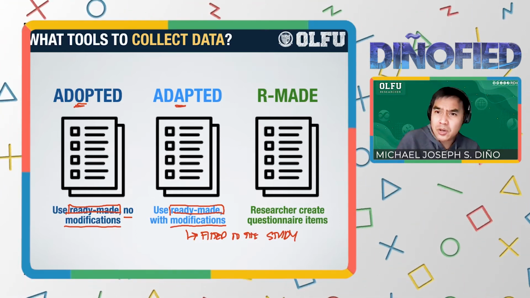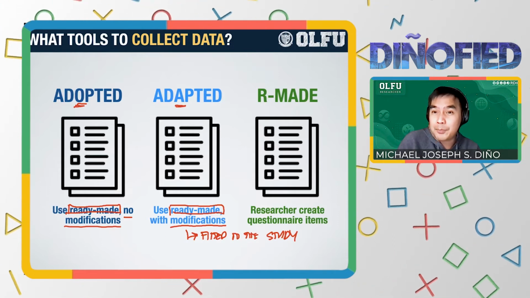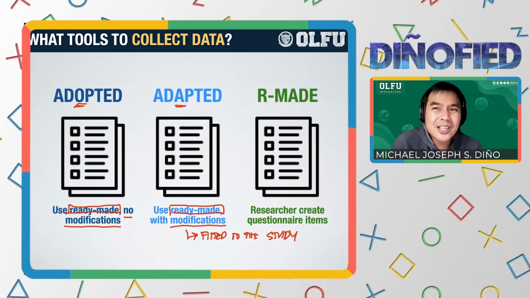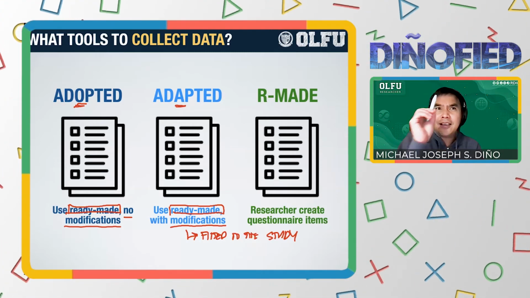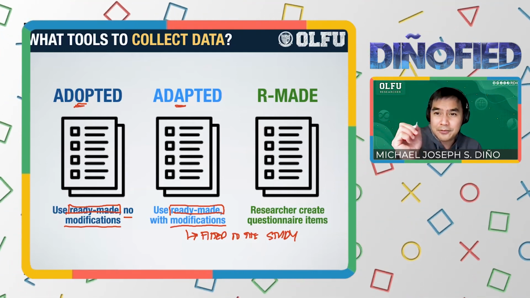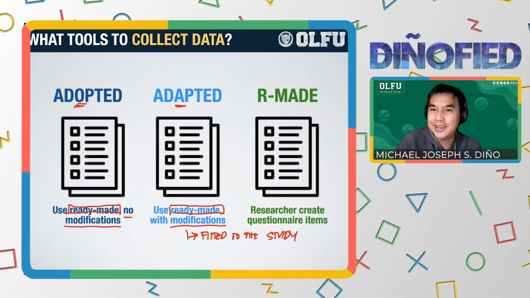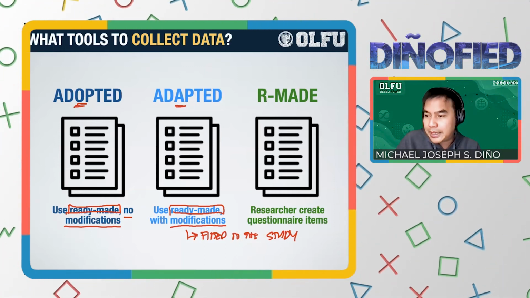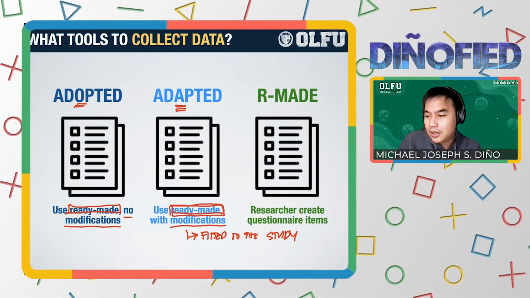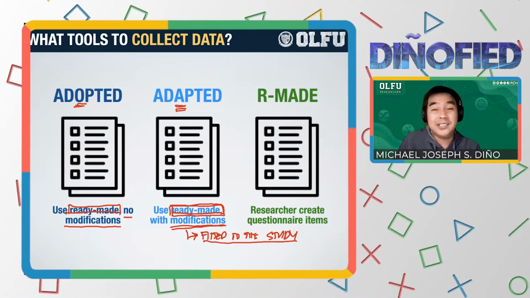However, what I saw from the internet is a tool that measures the technological competency of a person in using a cell phone. Can I use that questionnaire? Instead of the word smartphone or cellphone written there, can I replace it with laptop? Is that allowed? Yes. That is what we call adapted. These are ready-made questionnaires, however you did some minor modifications to make them more fitted to the study.